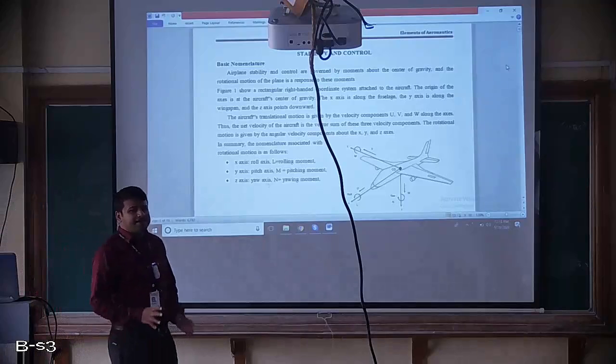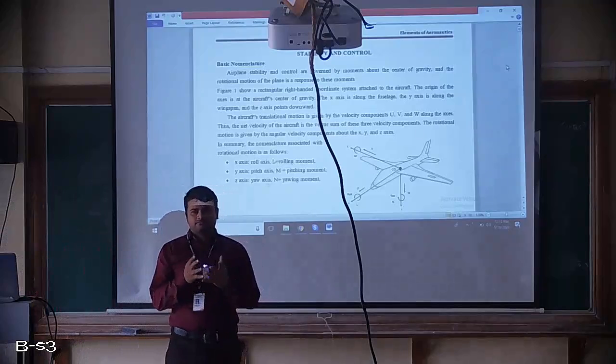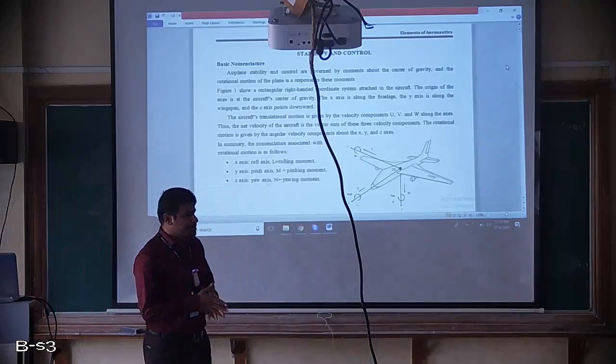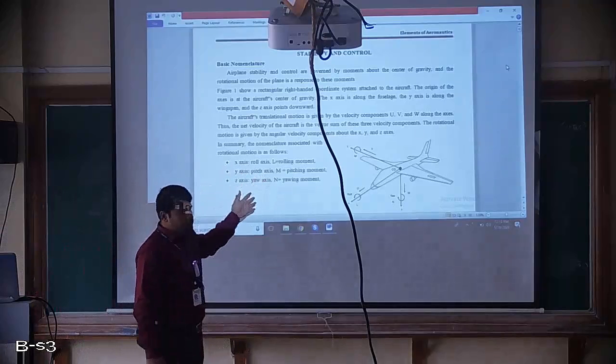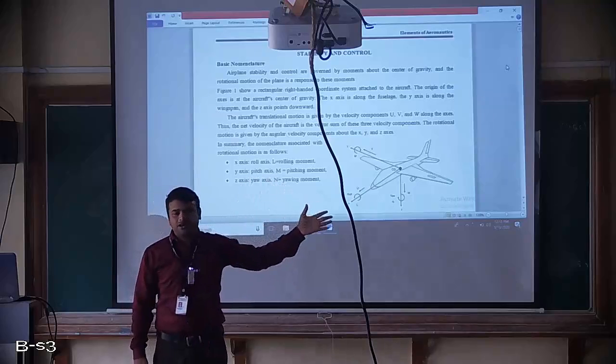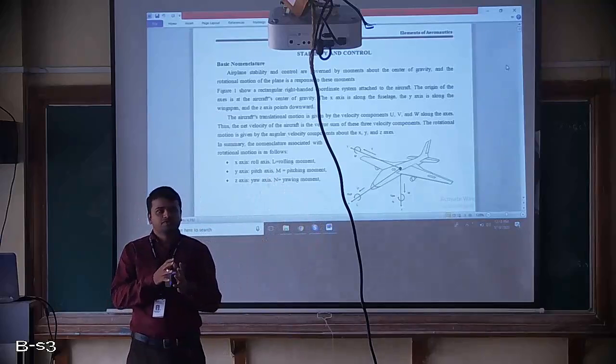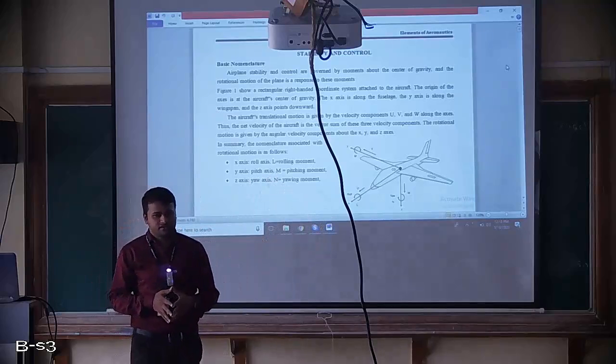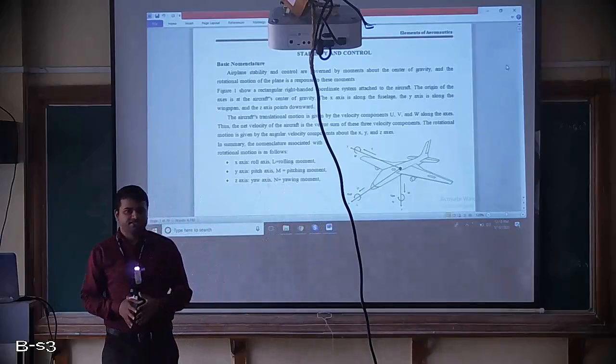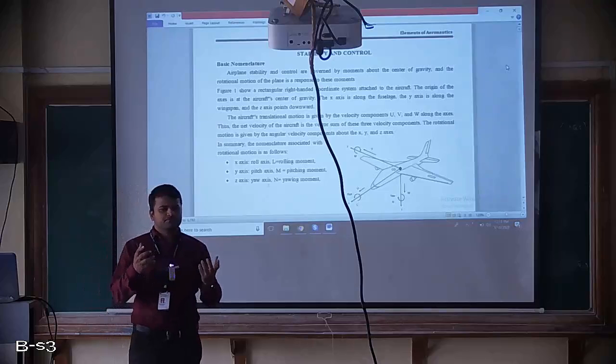When the aircraft is moving in air, it is performing three different motions. At that time, there are chances that your aircraft will get into a disturbed pattern, or become unstable. This may be due to various reasons.